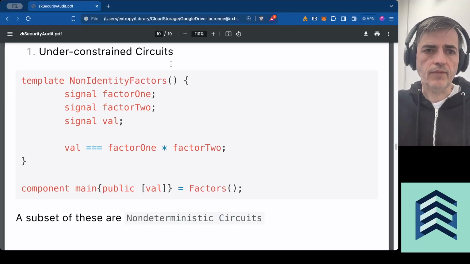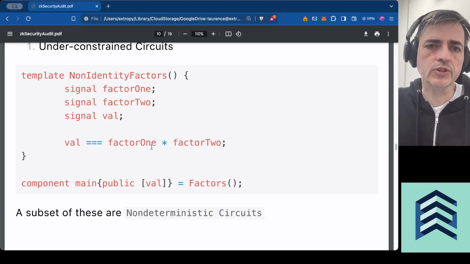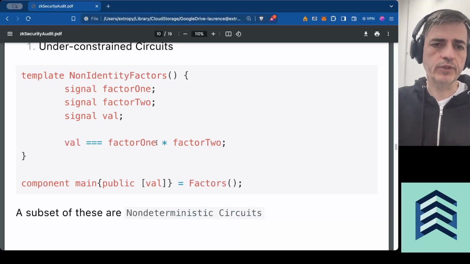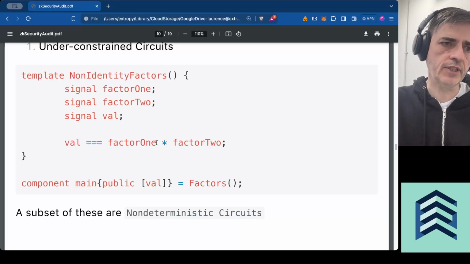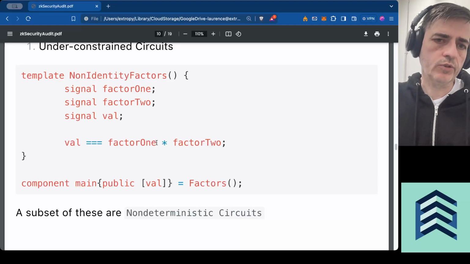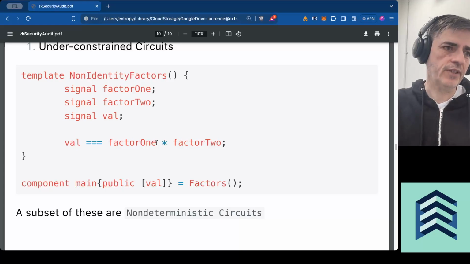Here we want to check that something is the result of two factors being multiplied together, but we haven't specified it exactly as a constraint. We've just said that it's going to be equal, and also we haven't done checks on what these original factors are, because there could be edge cases where these factors would make a difference if they were certain values.